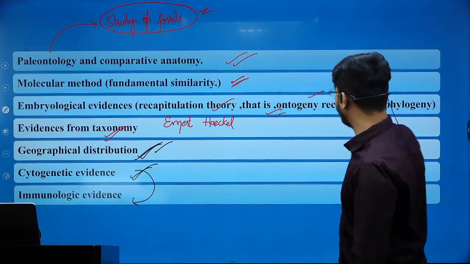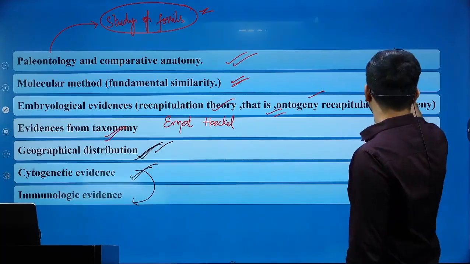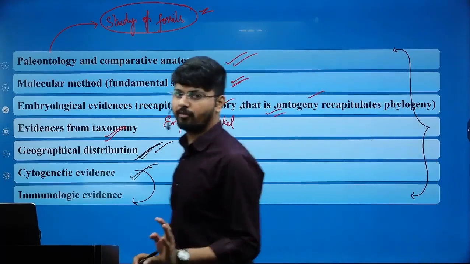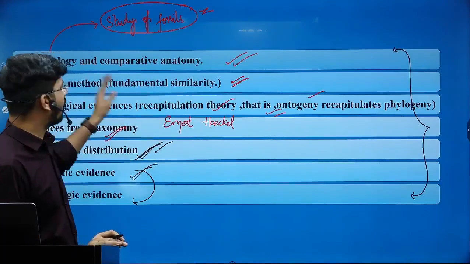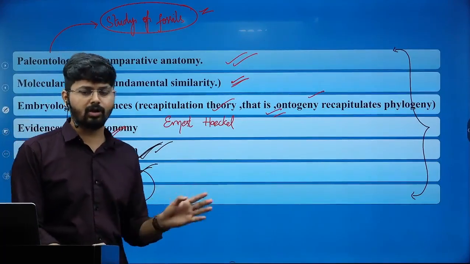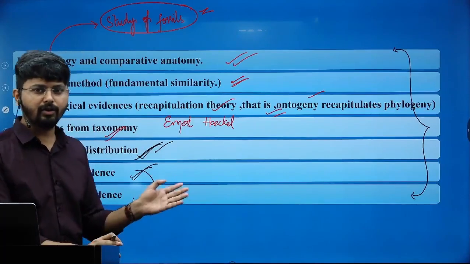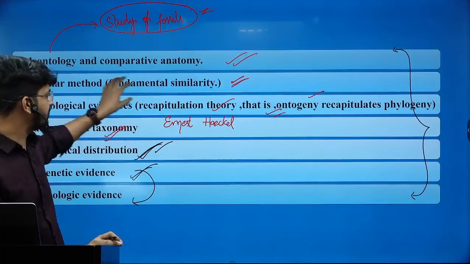But just have a brief idea that there are certain methods to understand evolution, like comparison with fossils, geographical distribution, or molecular methods. Different kinds of molecules you compare, and how the hormones and such things are different in human beings and other animals. So through similarities and differences you can see.